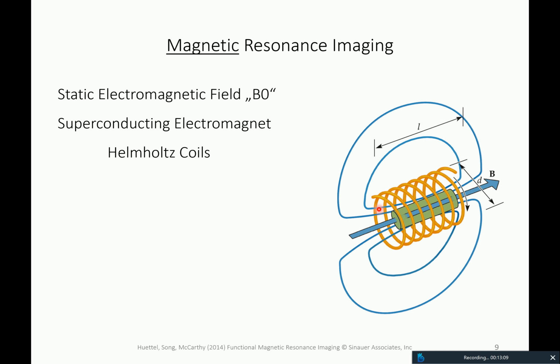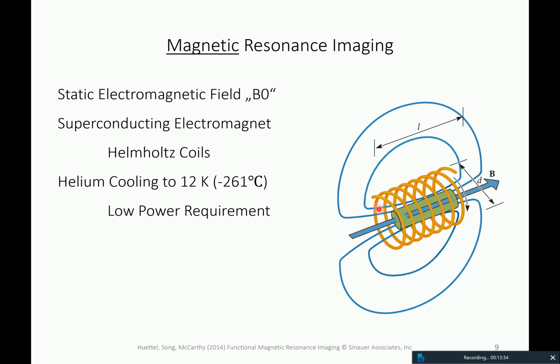This is why this whole imaging process needs helium as a cooling agent, and this cooling is required to get the resistance very low, so that you basically once have to charge up the scanner, and then there's no need for current supply all the time. There's only need for helium supply. So the power requirement is quite low, but the helium requirement is not that low.